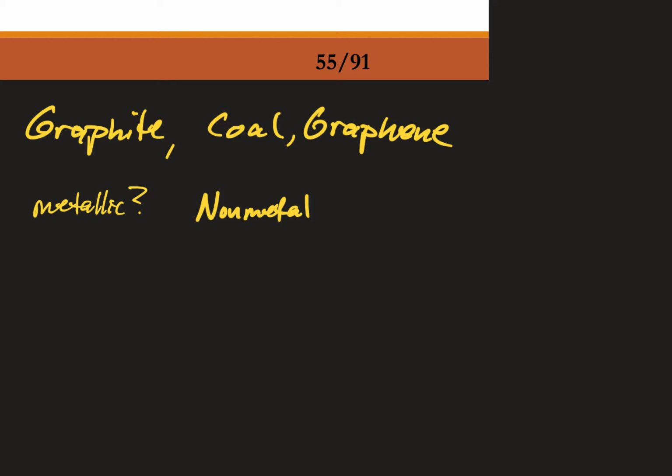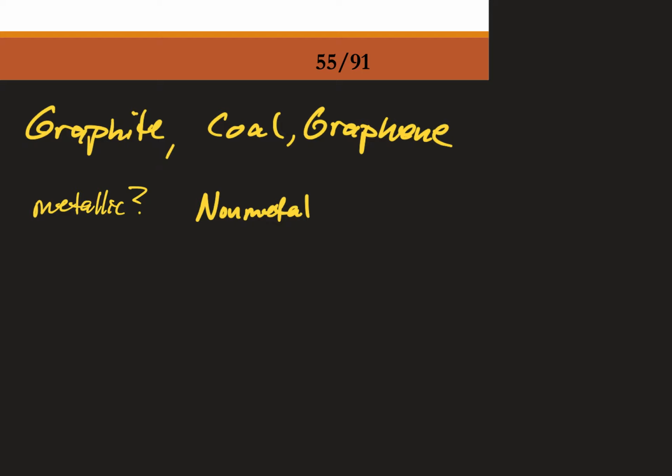And then graphene is actually just graphite, but it's a two-dimensional, one atom thick layer of graphite. Graphite looks like chicken wire, but it's a bunch of chicken wires stacked on top of each other in 3 dimensions.